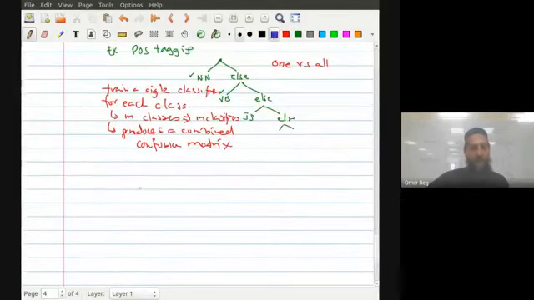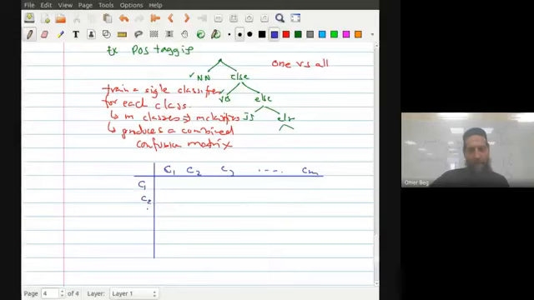So let me draw this as an example. So we would have a large confusion matrix with multiple classes. So we have class 1, class 2, class 3, all the way to class m, and similarly on the y-axis.